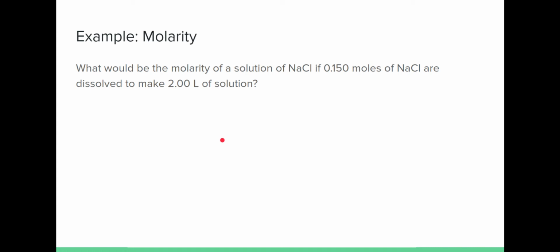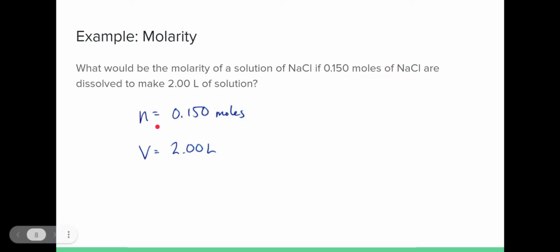To calculate molarity, we set up our problem in a very similar way that we've set up other types of math equations in previous units. When we're trying to find the molarity of a solution, I identify my givens. I'm given the fact that I'm dissolving 0.150 moles of NaCl, and that's going to be my lowercase n.